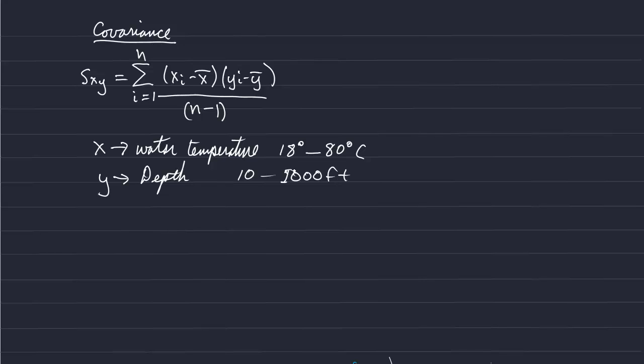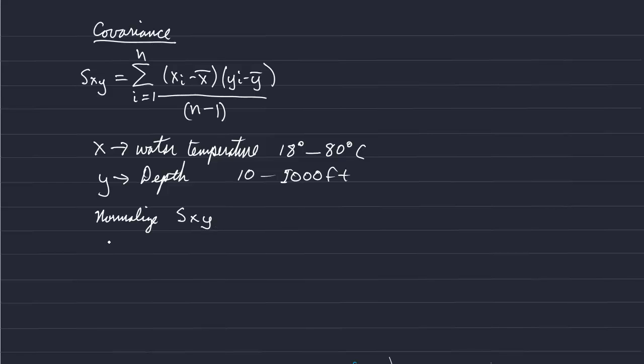So it would be smart, when we want to quantify the covariance between X and Y, to normalize the covariance. Let's normalize S_XY.